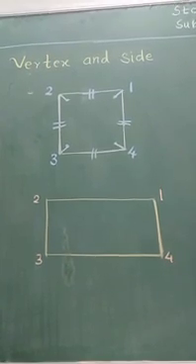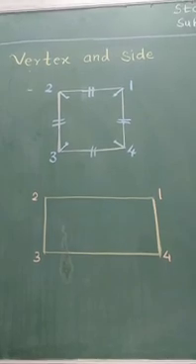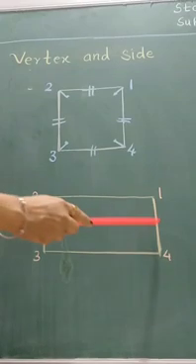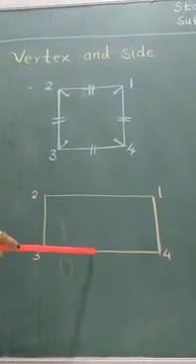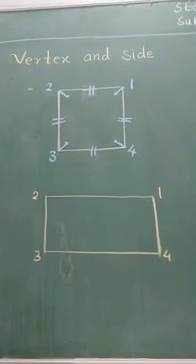These corners are called what? Vertices. And these edges, see here. Side 1, side 2, side 3 and side 4. So here also you can say a rectangle has how many sides? 4 sides and 4 corners.